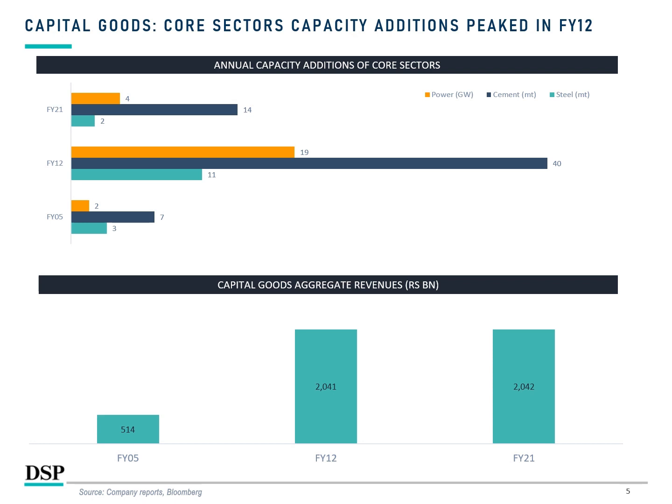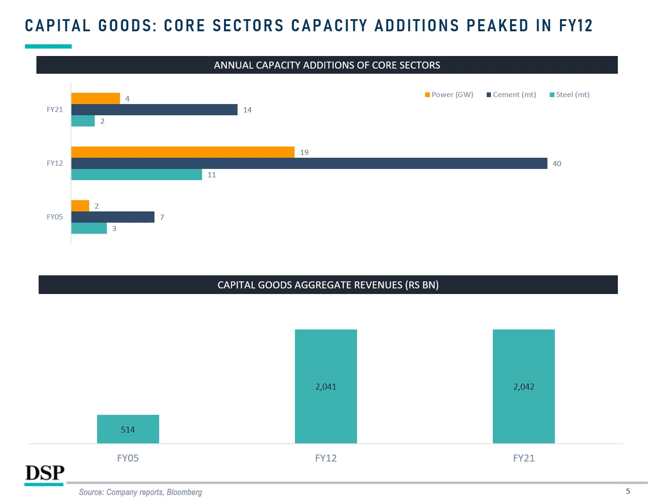As you can see in the chart, in the power sector, we scaled up our annual capacity addition from 2 gigawatt in FY05 to 19 gigawatt in FY12. Similarly, the cement capacity addition scaled up from 7 million tons in FY05 to 40 million tons in FY12. This led to excess capacity creation in these sectors.